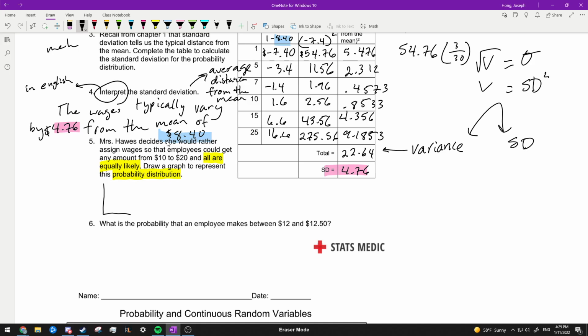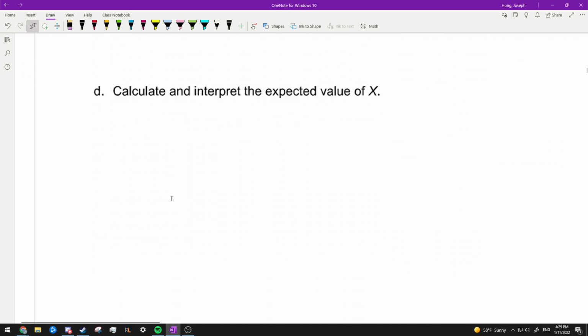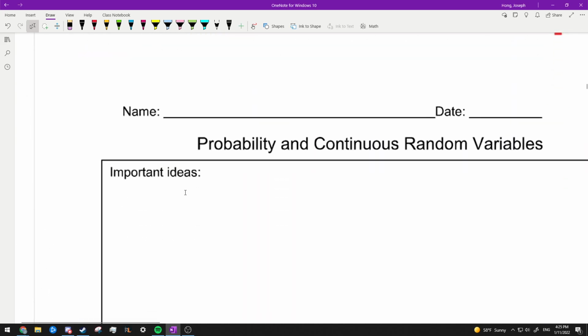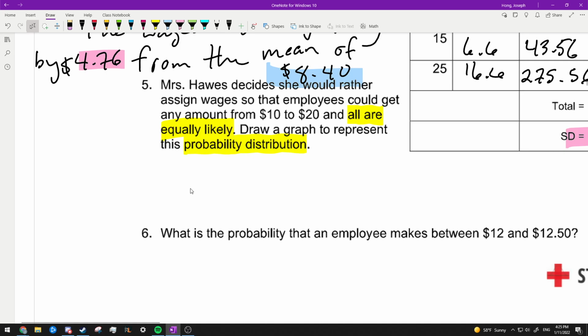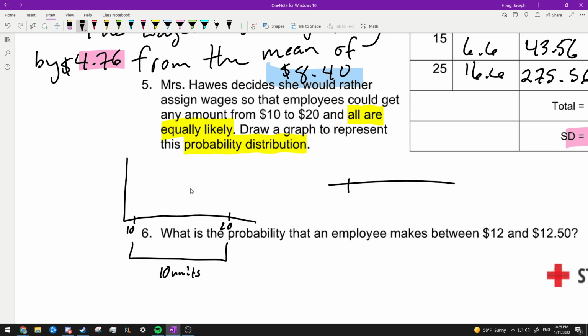So we're going to draw a picture. I'm going to try to zoom in here. Here we go. I'm going to draw a picture, and if I start at 10 and go to 20, this width right here is going to be 10 units, because on a number line, 10 to 20 is 10 units away.